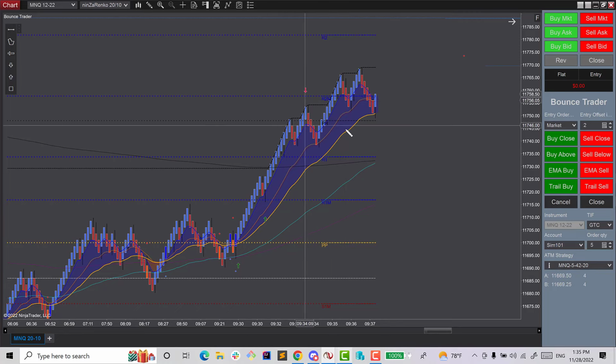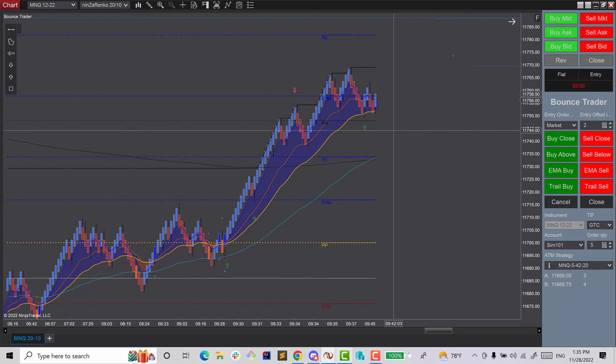This was a bounce from the 34 EMA. We're angulating long, and I hit my buy close button, and it activated a long position for me.